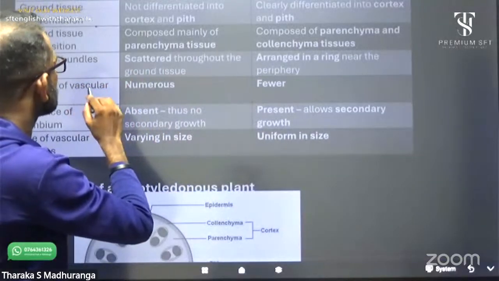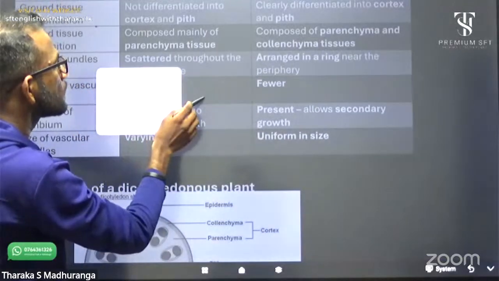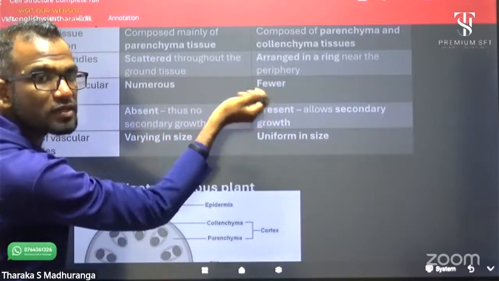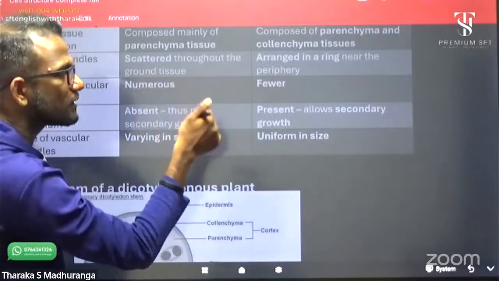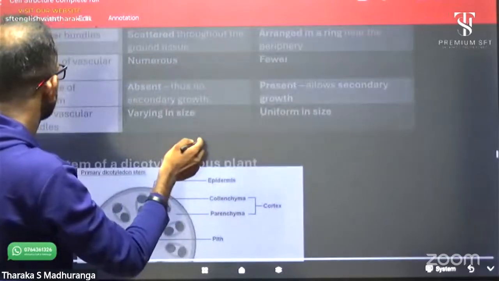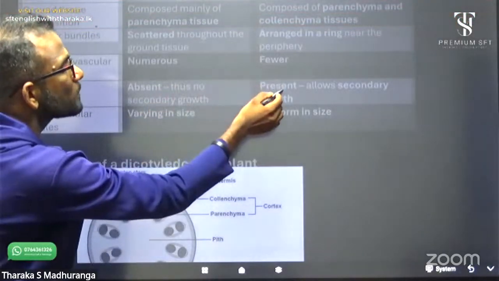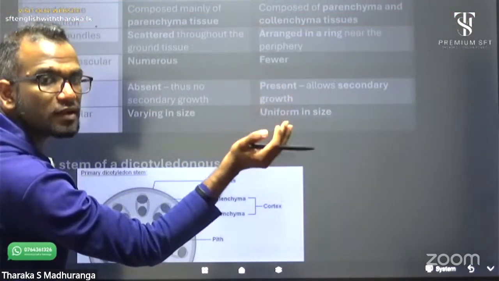Number of vascular bundles: a large number of vascular bundles in monocots. In dicots it's limited, like 12, 10. Presence of cambium: only present in dicots because the bundles are clearly separated.